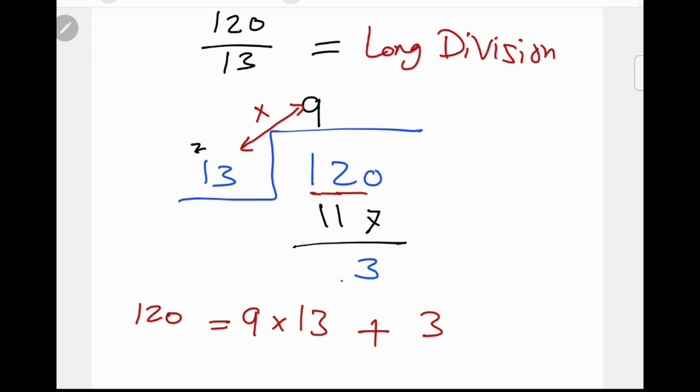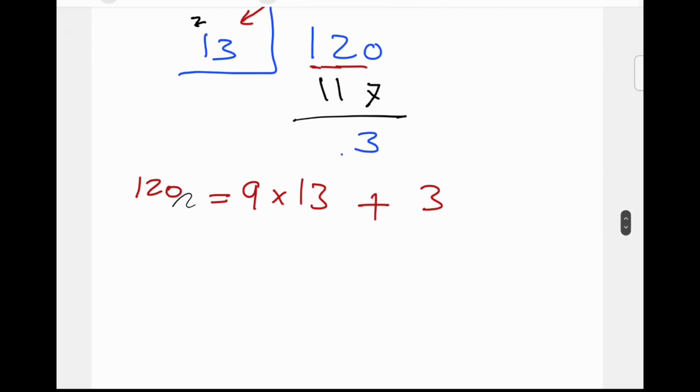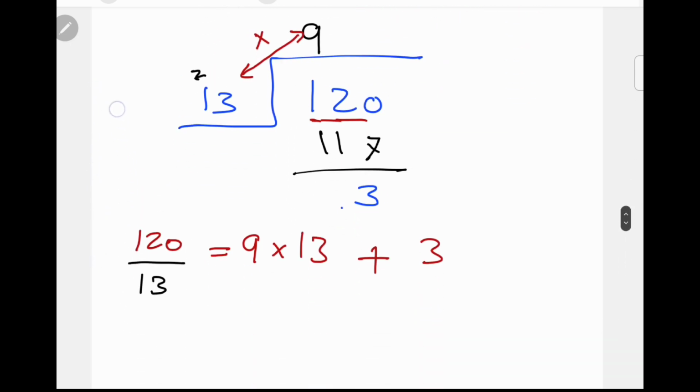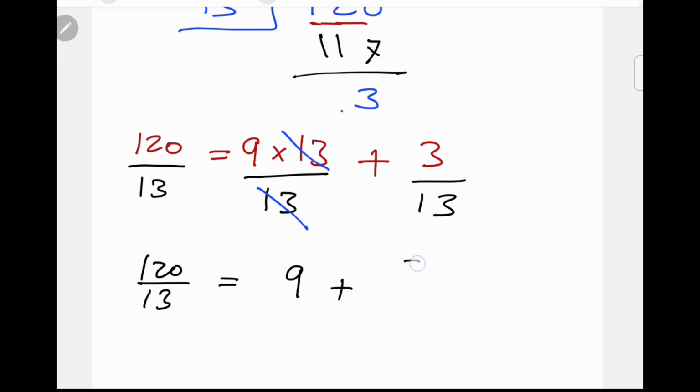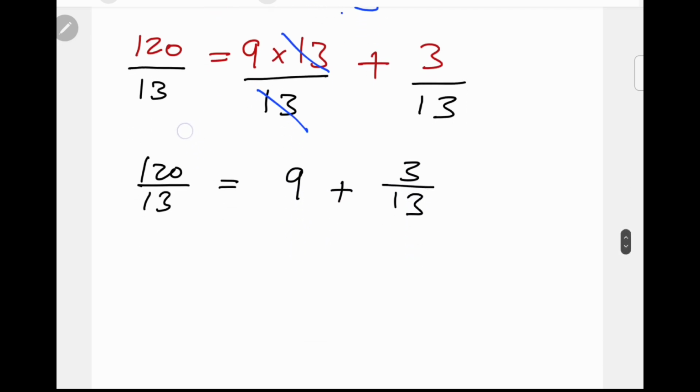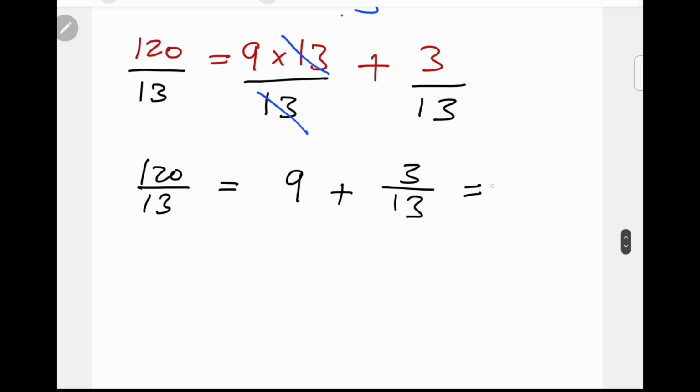Okay, so if you divide this by 13, because we have 120 divided by 13, then the 13 with 13 will cancel out, and 120 over 13 is expressed as 9 plus 3 over 13, which means that this is 9 3/13.